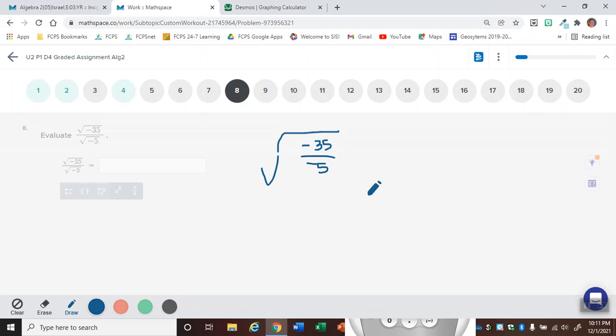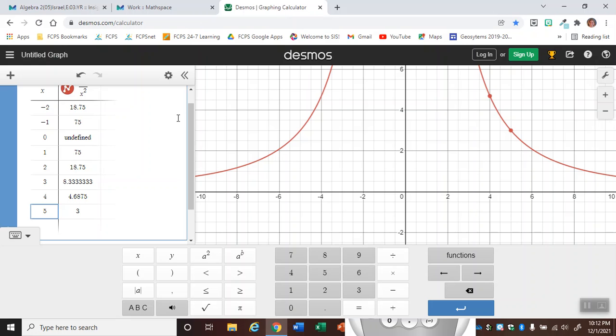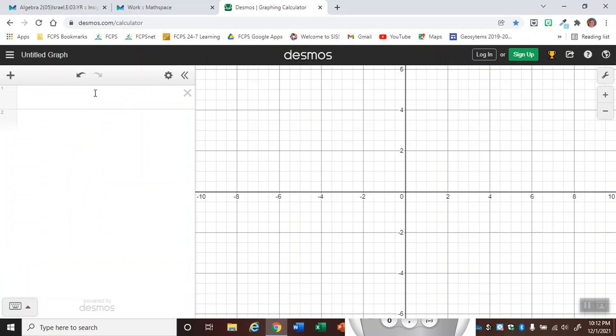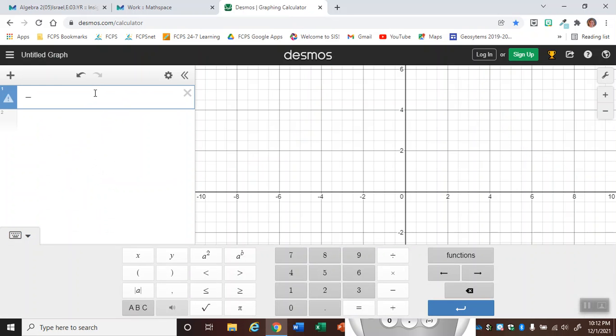And if I put that into Desmos, let's see what I get. Negative 35 divided by negative 5. And so that gives me 7.